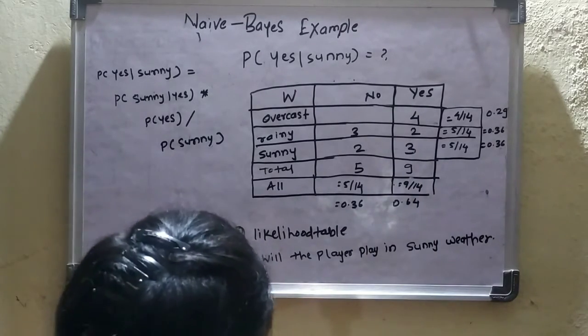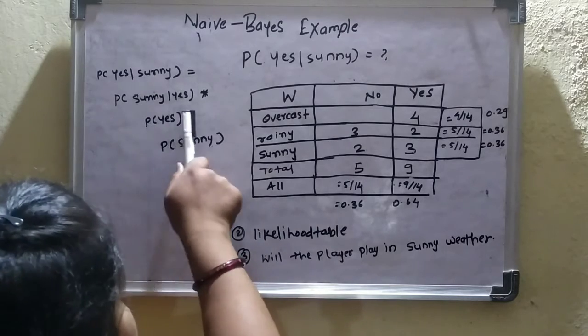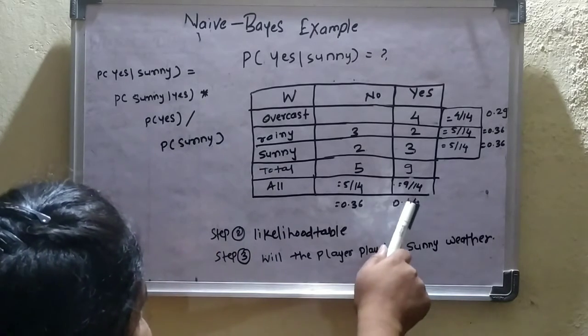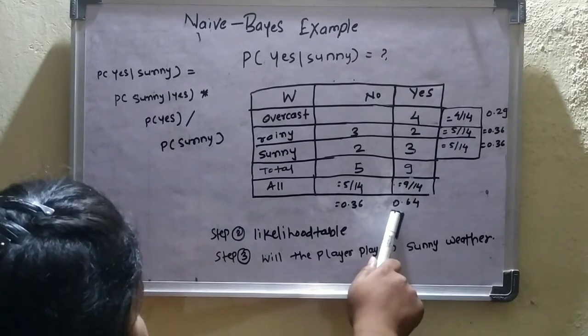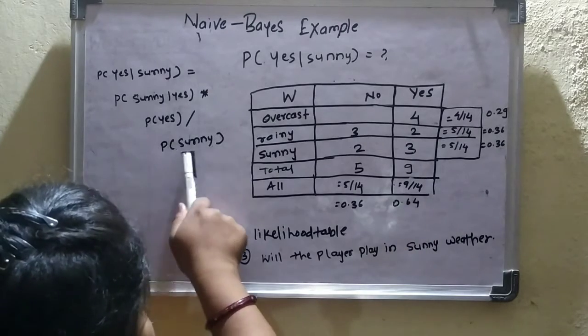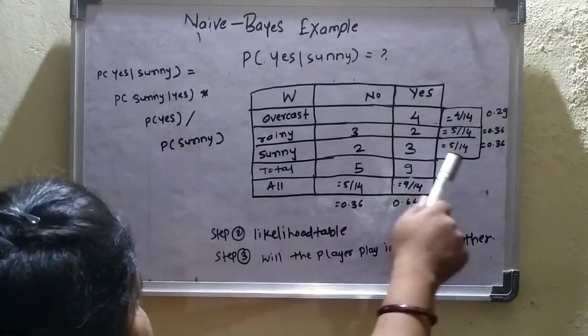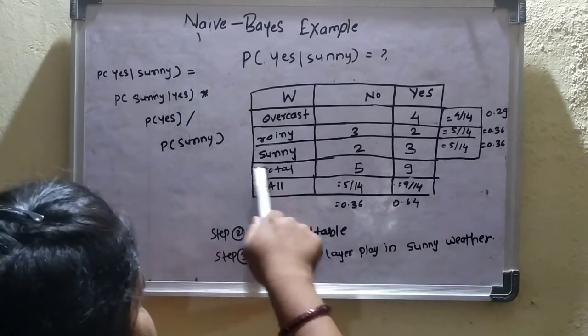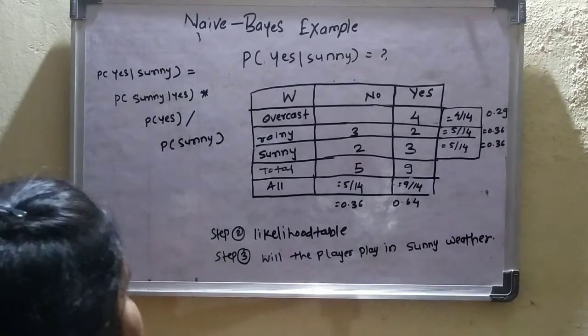Next we have the probability of yes. What is the probability of yes? It is 9 by 14, which is 0.64. We have the probability of Sunny. The total probability of Sunny is 5 by 14, which is 0.36.